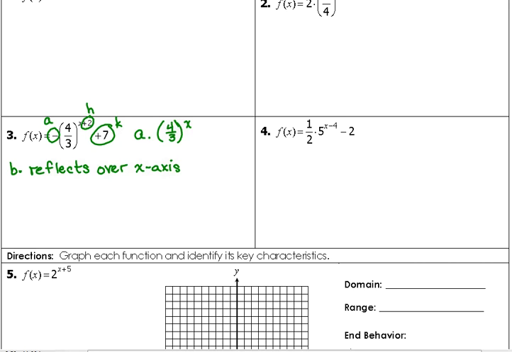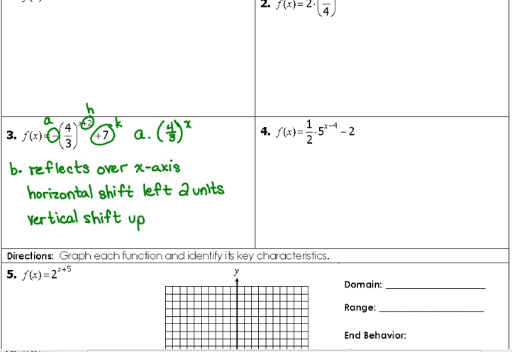It's just reflecting. The +2 is an H, so that is a horizontal shift to the left because it's the opposite of what we expect, so left 2 units. And the +7 is a vertical shift. Vertical is what we expect, so +7 is going to go up 7 units.